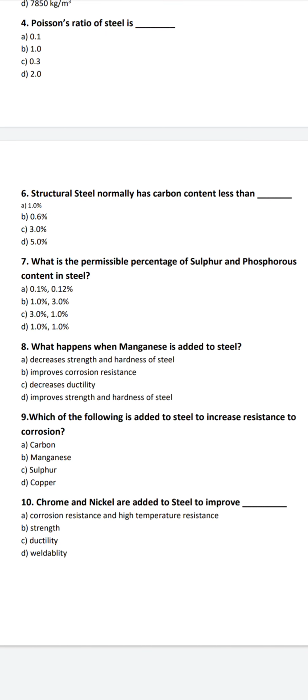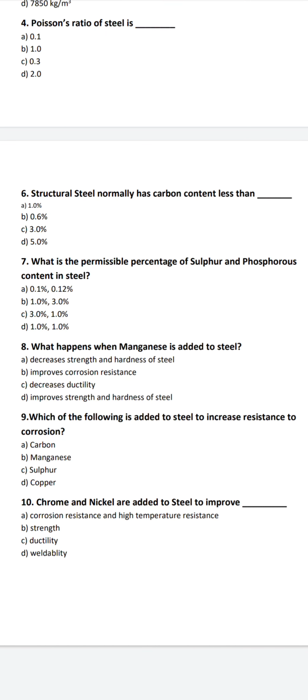Your correct answer is 0.1% and 0.12%. Sulfur content basically lies between 0.02 to 0.1%. If more than 0.1%, it decreases strength and ductility of steel. If phosphorus is more than 0.12%, it reduces shock resistance, ductility and strength of steel.